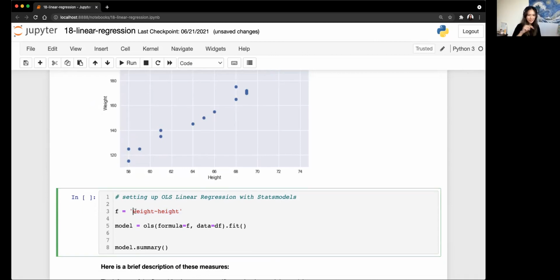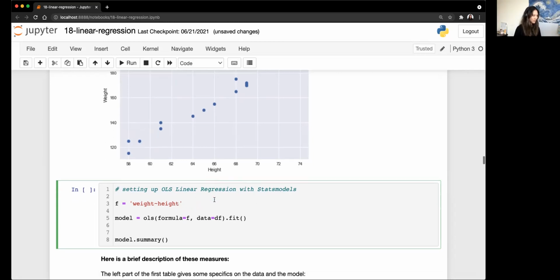So it's weight: you're going to predict weight using height, and using would be that little squiggly line, the tilde. If you have more variables, which we're actually going to talk about tomorrow, let's say you have age as well, you just do plus age. If you have more variables, you just put a plus there. So weight and height, that's our formula.